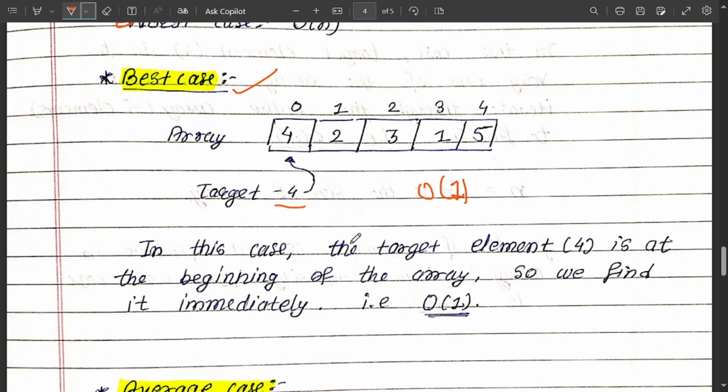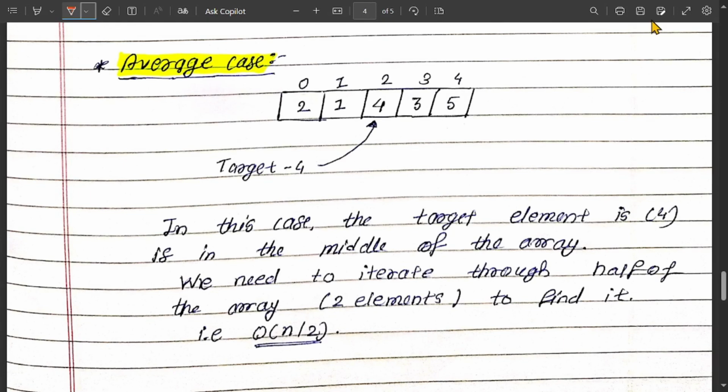You can just see in this case the target element 4 is at the beginning of the array, so we find it immediately. We don't have to move ahead. You are reducing the time to check all the other elements. Now what is average case? Average case says that the element is at the middle of that particular array, that means at the center. So for this you can say O of n by 2.